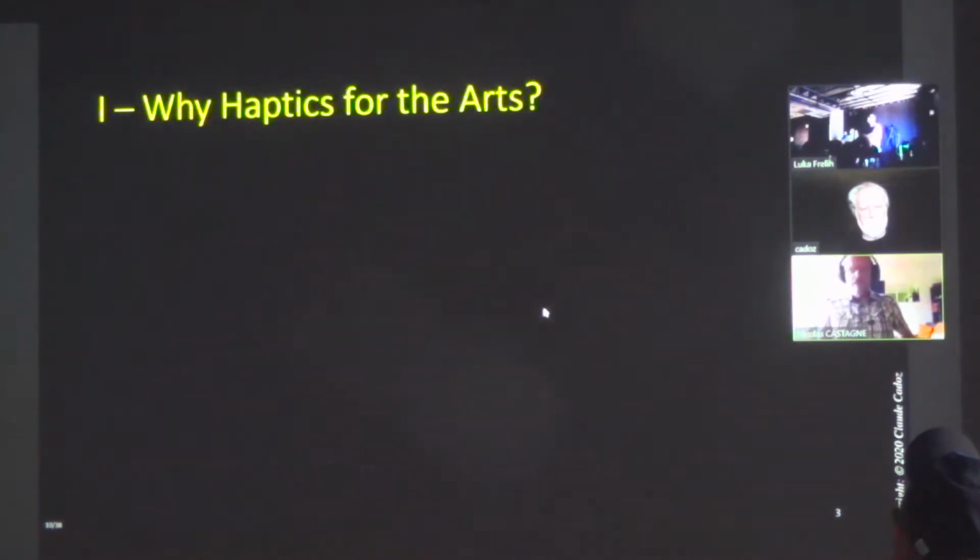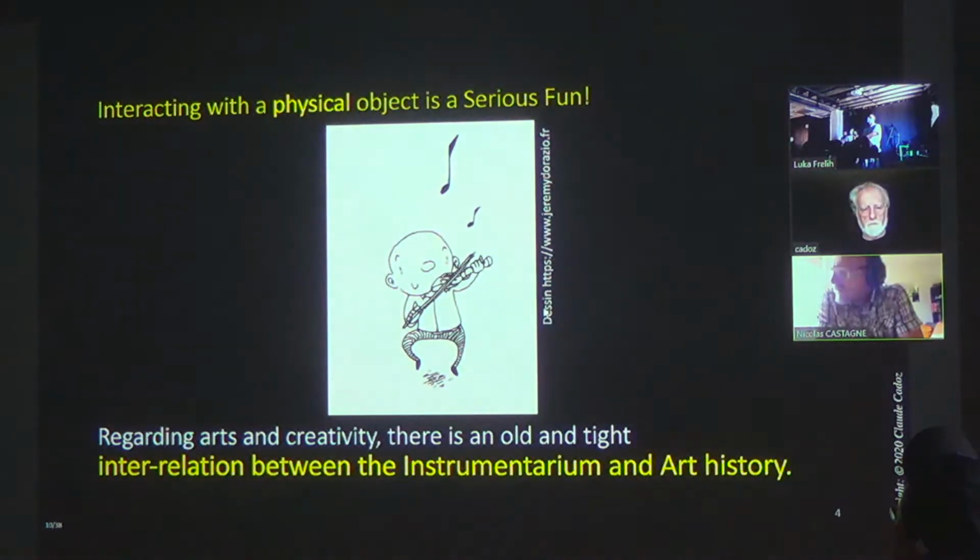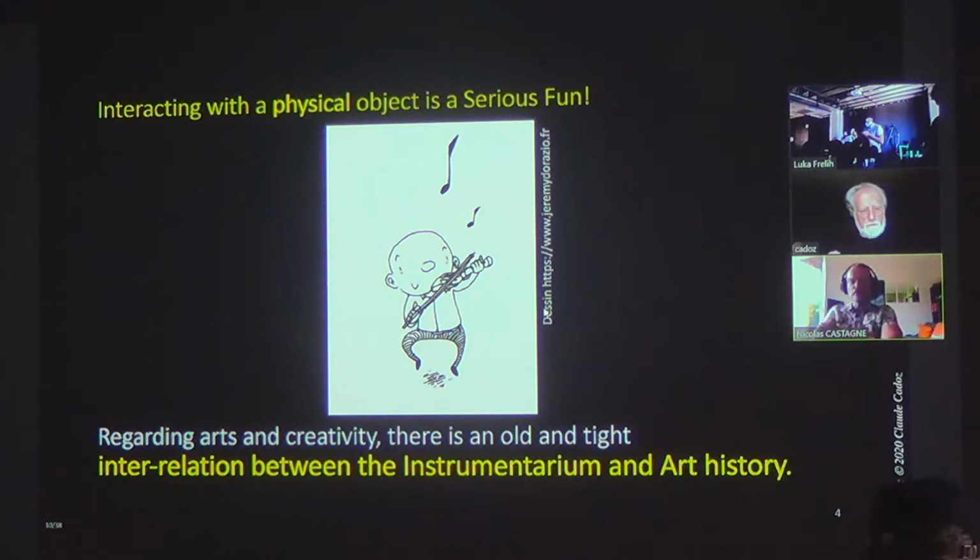So why haptics for the arts? In the before digital means, it's clear that interacting with a physical object is serious fun. And regarding arts and creativity, there is, for centuries, an old and tight interrelation between the instrumentarium and art history.